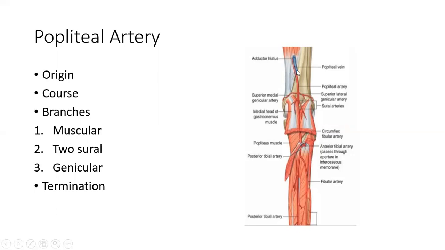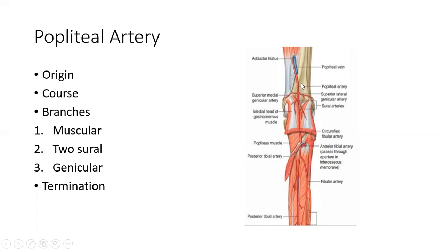And the popliteal vein, in the meantime, continues to pass between the nerve and the artery. So the popliteal artery continues to run downwards and convexes laterally, so that it finally comes to lie on the lateral side of the tibial nerve.